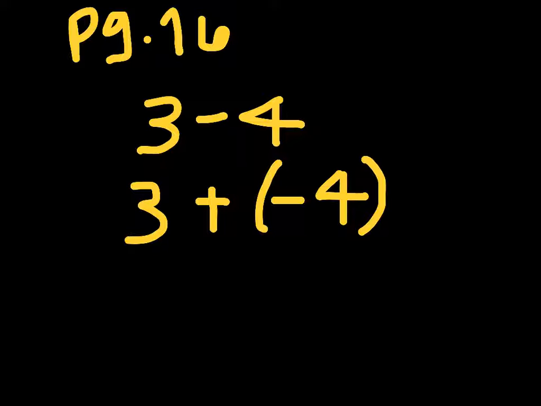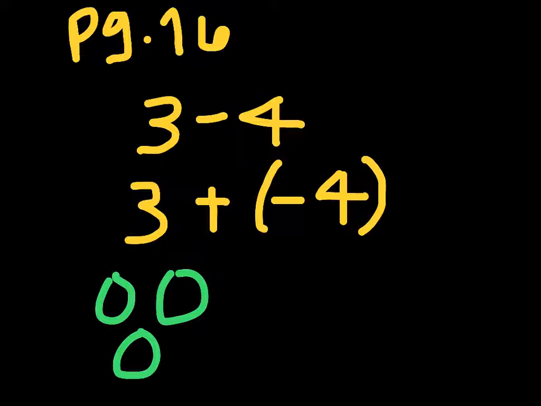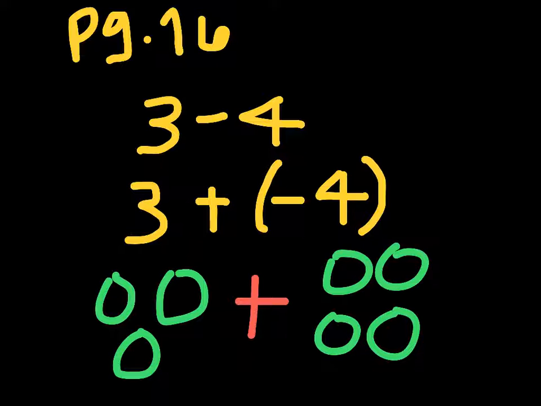So let's draw our counters. I just like drawing counters. I don't know why, but... So we have 3 positive counters. Now we're drawing our 4 negatives. So this is positive, positive, positive, negative, negative, negative, negative. Now, see, they are opposites, so we can cross out and cancel each other out.